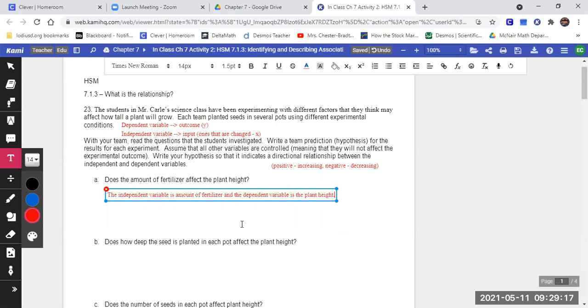Okay. So we defined who is dependent and who is independent. Now we have to think about, what do we think is going to happen? Do we think that as we add more fertilizer, the plant's going to stay small? Or do we think that as we add more fertilizer, the plant's going to grow big?